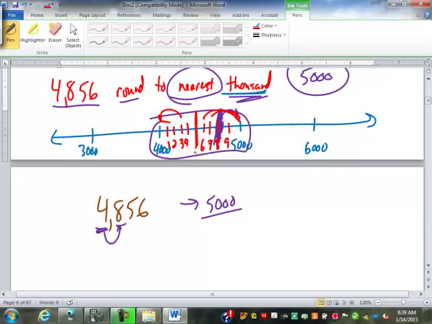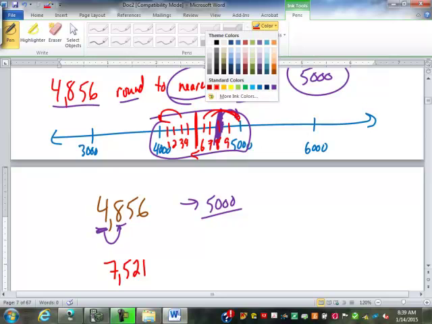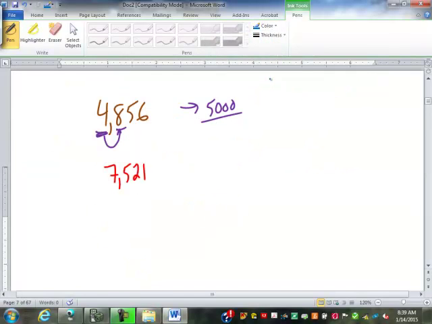The difficulty comes with the 5. Let's say that this were 7,521 to the nearest 1,000. So the 7 is in the thousands place. That's telling us it's between 7,000 and 8,000. We look at the next digit, though, it's a 5. 5 is right in the middle.